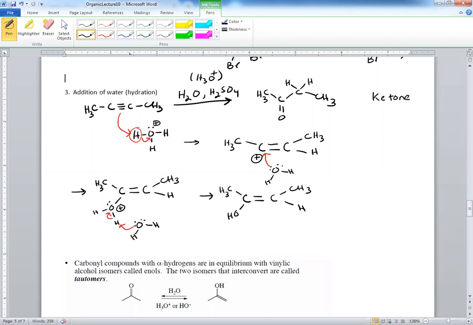Now since we deprotonated the water to make the alcohol here, we're back with an acid, which again, the double bond is attracted to. Right there.